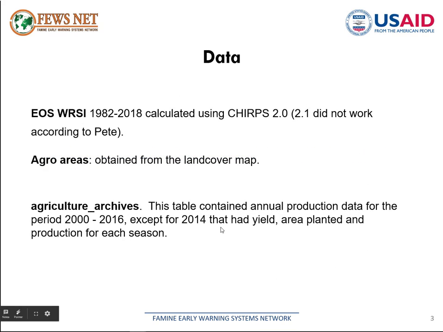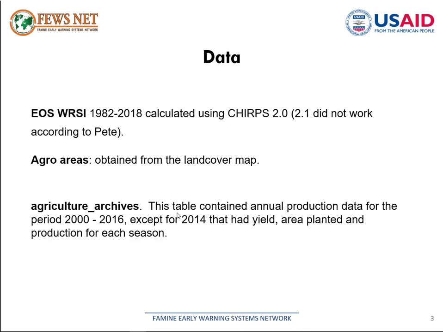To do this, we have the following data. We have end of season WRSI from 1982 to 2018. We have the agro areas obtained from the land cover map. And we have this table that we got from AID with production and in some cases yield. For the 2014 year, we have seasonal yield and planted area.